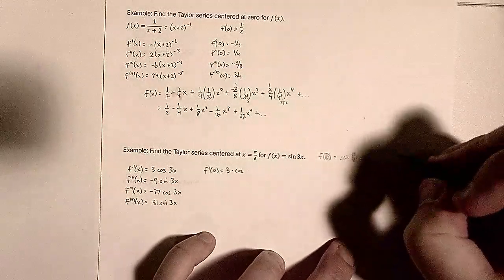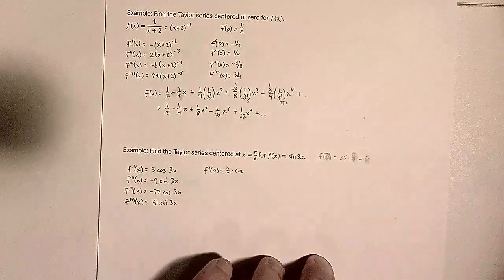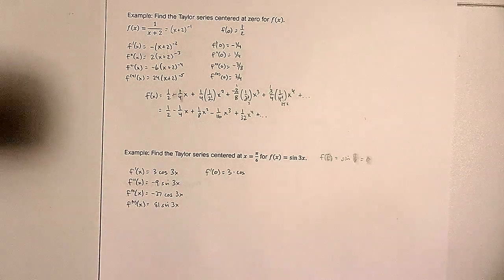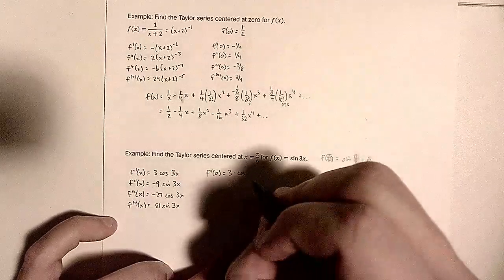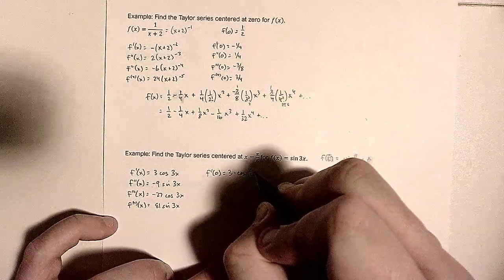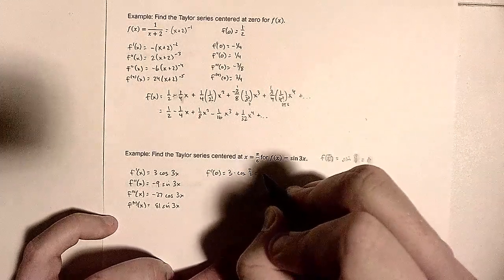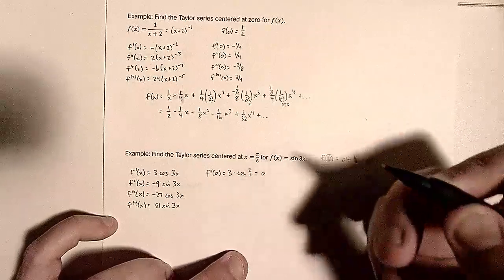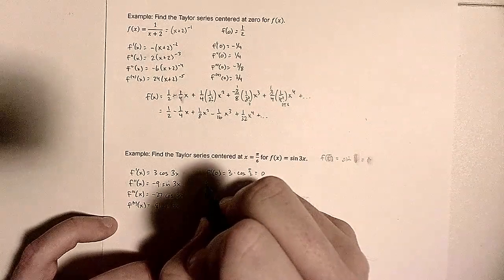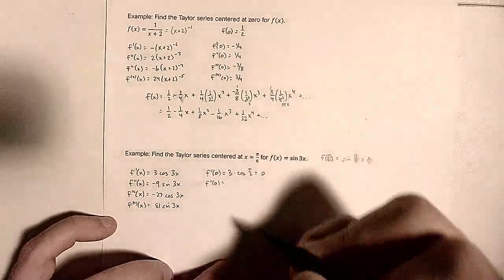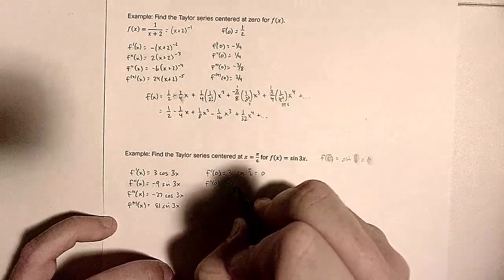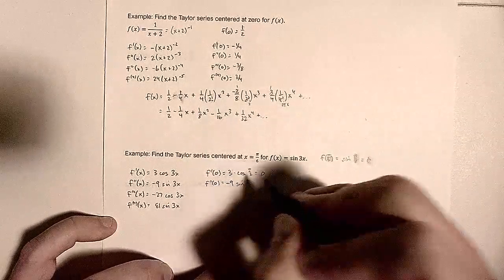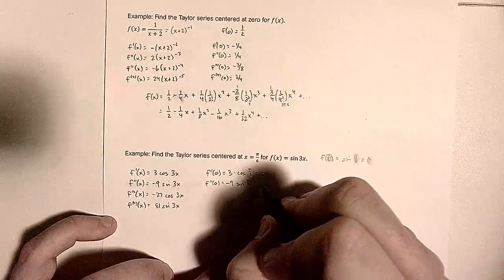And sine of pi over 2 is 1. So sorry about that. We're going to fix that. So 3 times cosine of pi over 2 gives us 3 times 0, so that's 0. F double prime of pi over 6 is negative 9 times the sine of pi over 2, which we already learned is 1, so that gives us a negative 9.